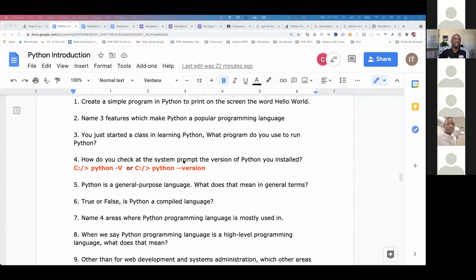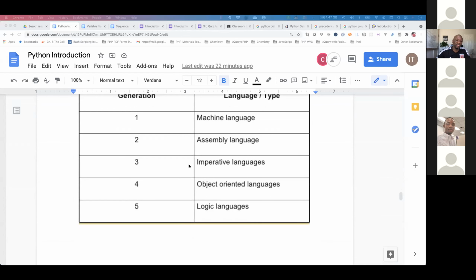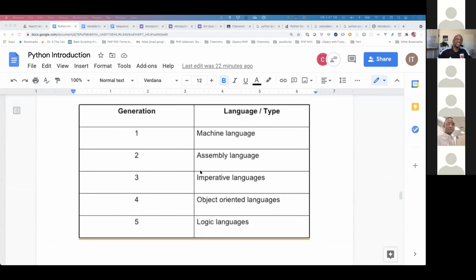But I would like to jump to how it all started. There are so many other languages which started a long time ago. We have different generations. The first generation ever was machine language, which is ones and zeros. And then came the assembly language, and then the third generation languages, like the C programming language.